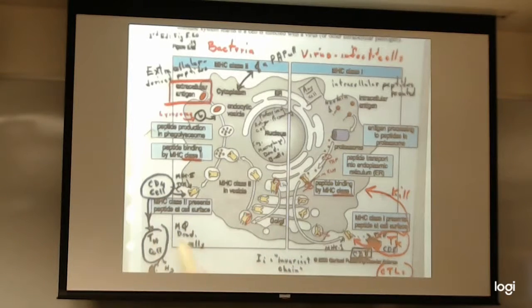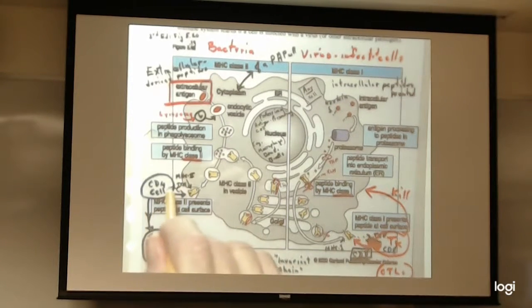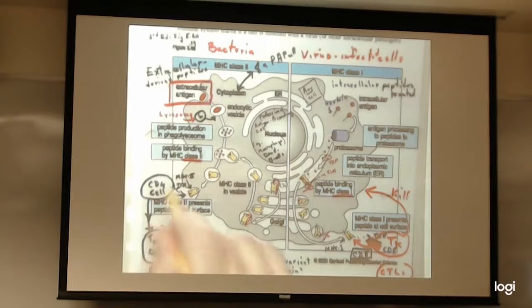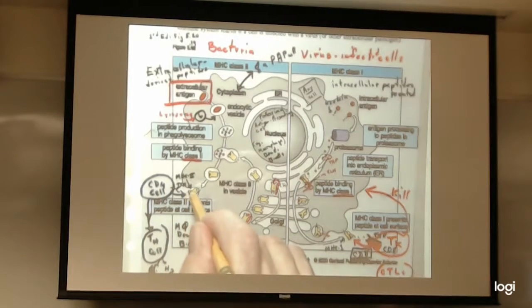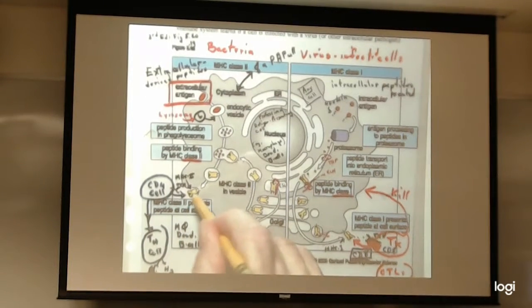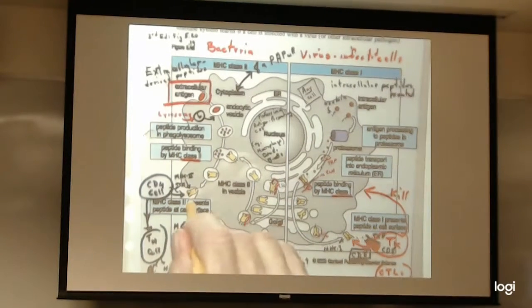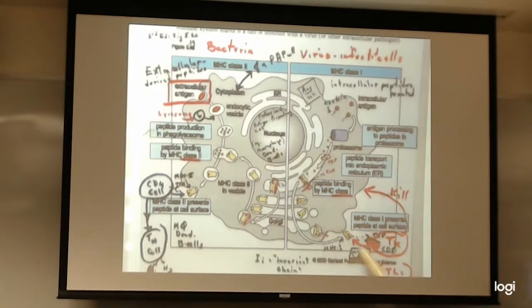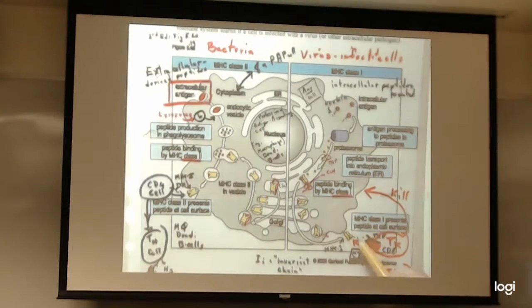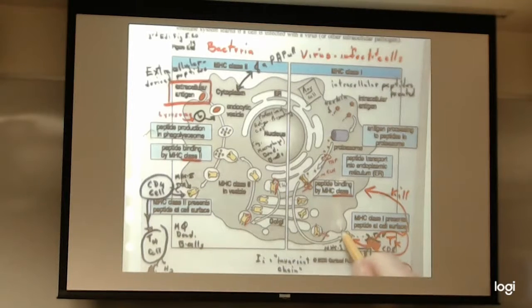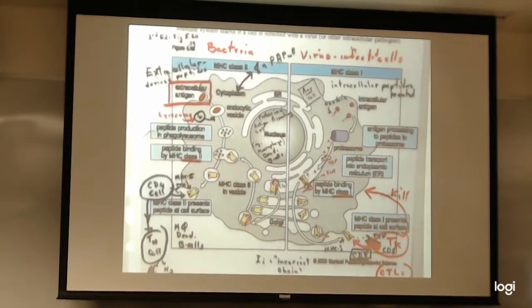But it's only the T cell receptors in CD4 T cells that can bind productively this MHC2 molecule with extracellular, typically bacterial peptides, and CD8 T cells, killer T cells, they're only able to bind peptides on class 1 molecules. So we're going to go back to this in more detail.